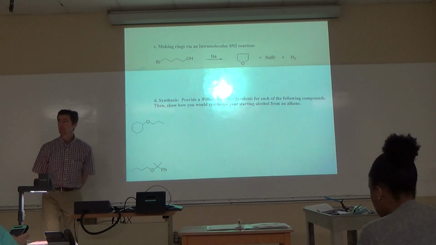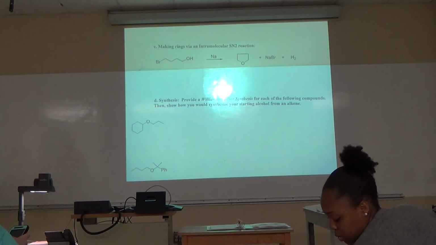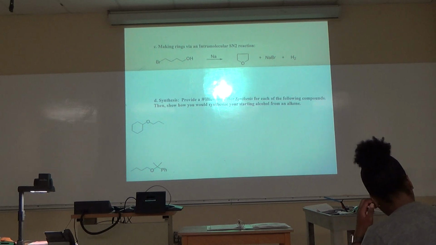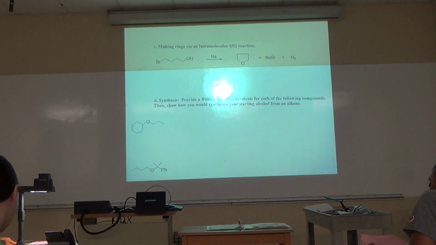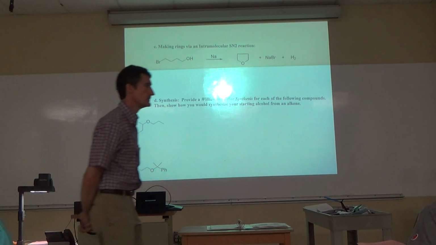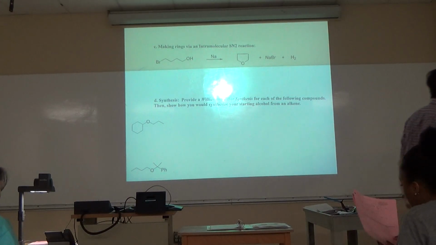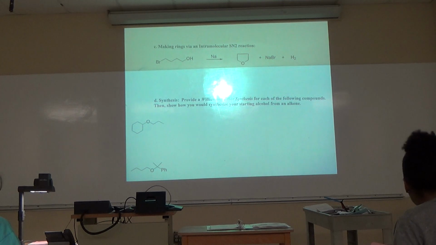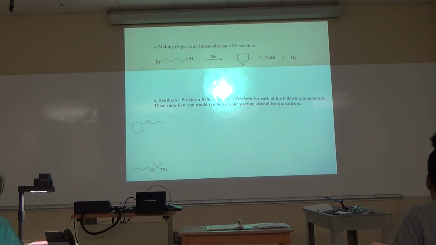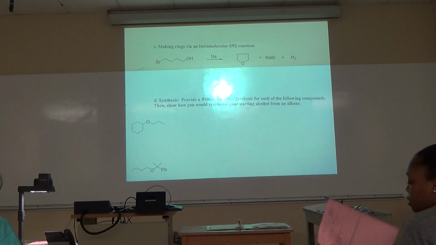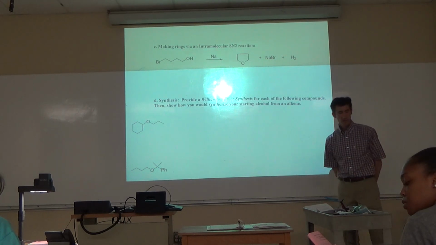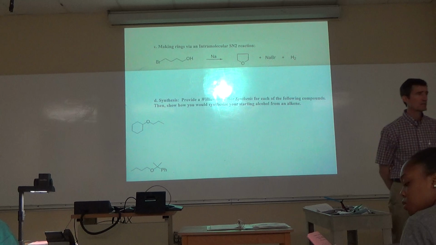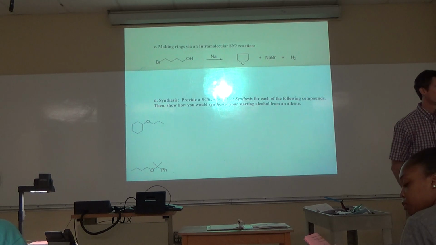What is a Williamson ether synthesis? It involves what reacting with what to make the ether? Well, that's how you generate one thing, and that thing reacts with what? That's how you generate the alkoxide, and the alkoxide reacts with what?